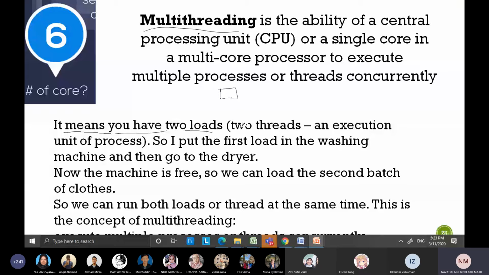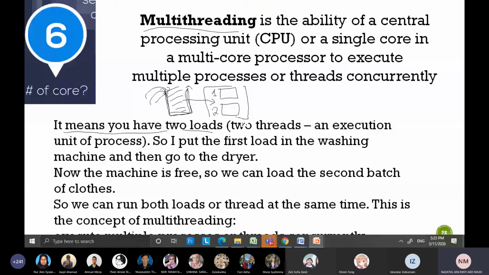For example, you have one big basket because for 2 weeks your clothes become so big, and your washing machine is not able to wash all the clothes, so you have to divide.